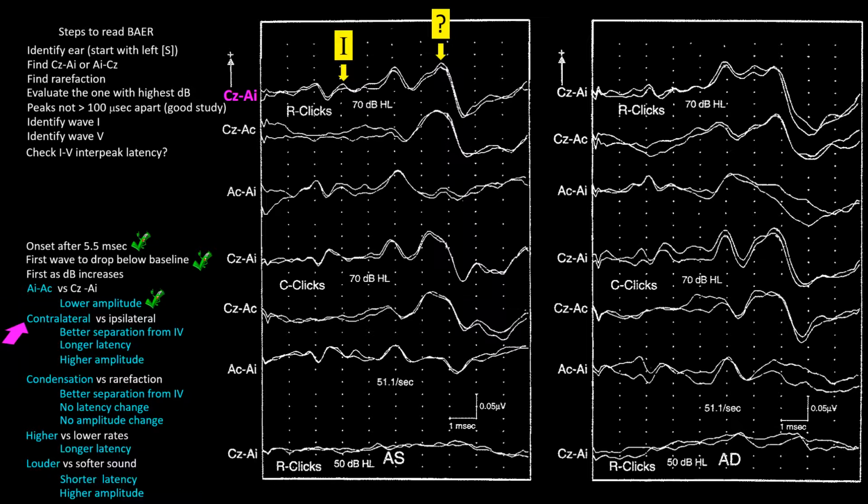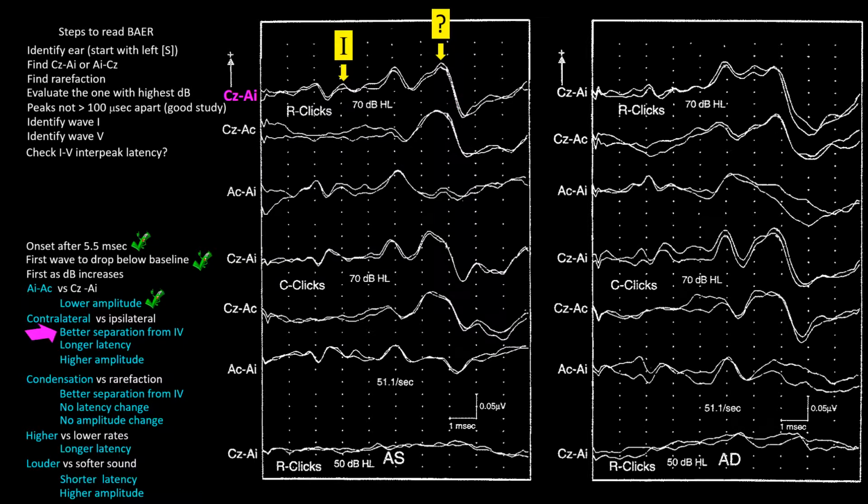Next, we look at the contralateral versus ipsilateral putative wave 5 characteristics. The first issue is the better separation of wave 5 from wave 4 on the contralateral side. As you can see, the ipsilateral separation between 4 and 5 is less than the separation contralaterally.